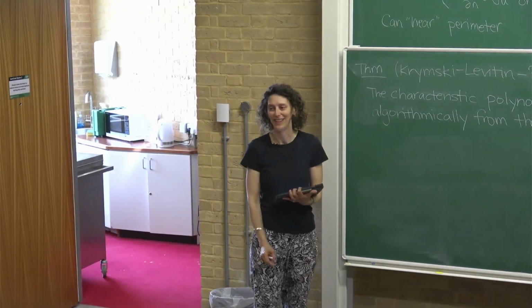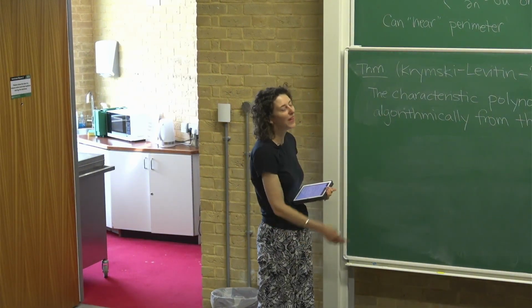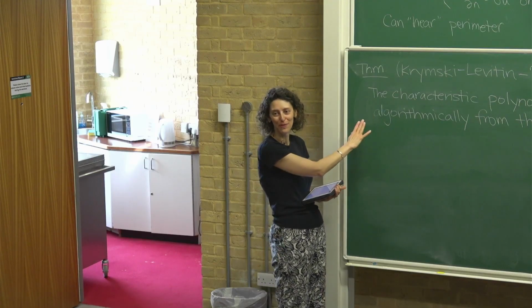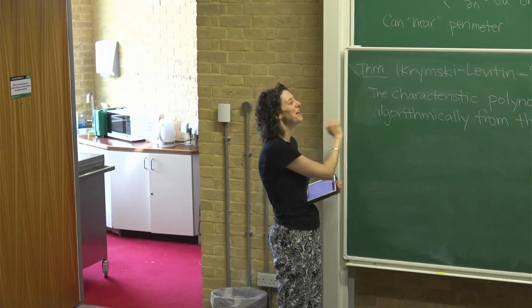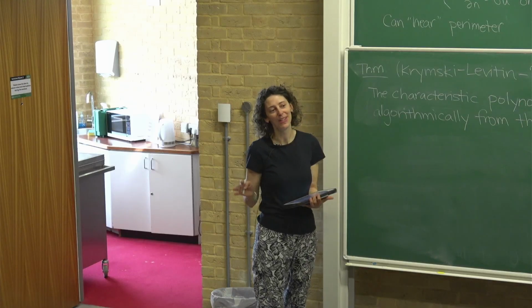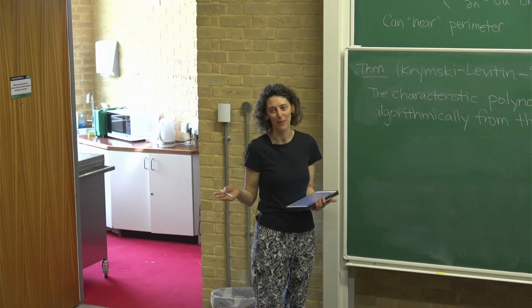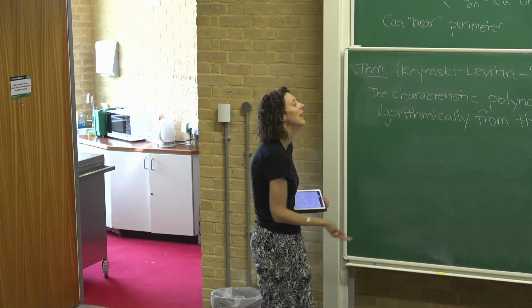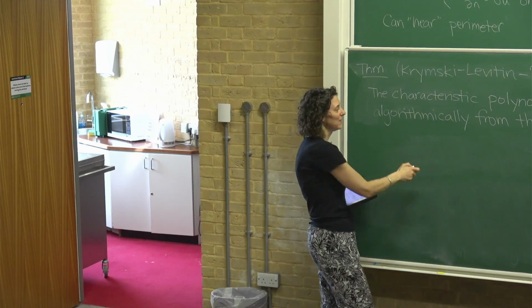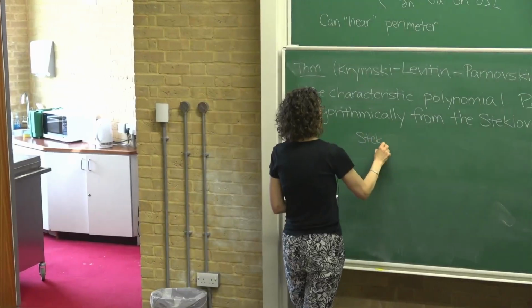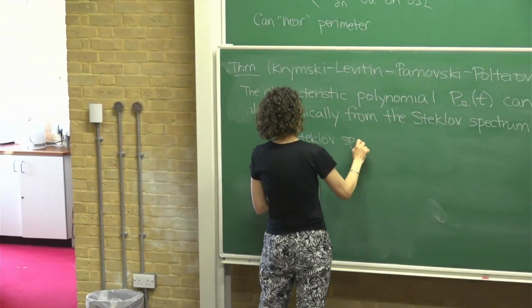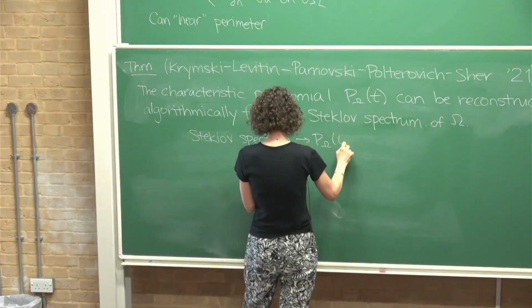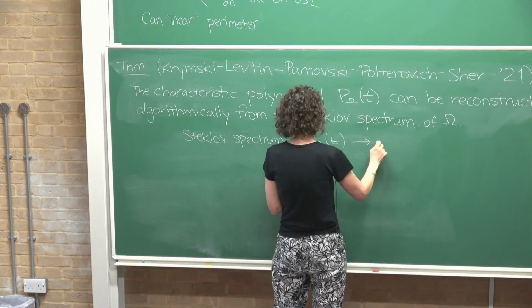Before introducing it, because it doesn't look especially nice, I wanted to give you motivation to care. We're actually going to compute it in two simple examples so that you get a better sense for it, because it looks rather complicated the first time you see it. The idea is that the Steklov spectrum will tell us P omega of t.